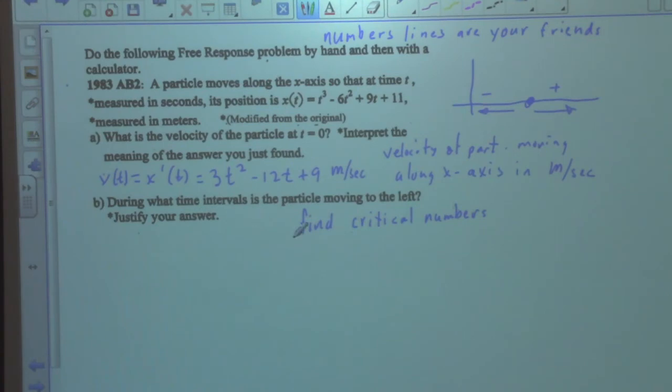A definition of critical number is an x value that makes the function equal to 0 or undefined.